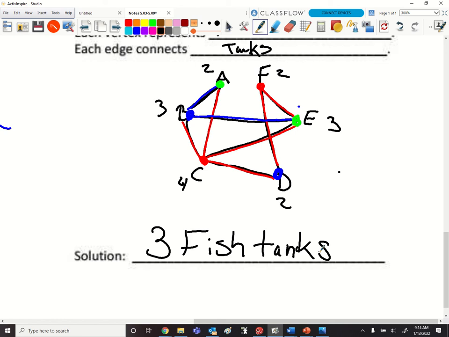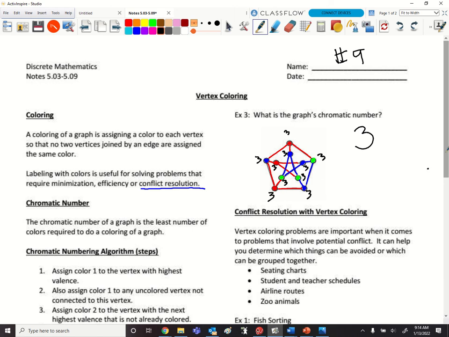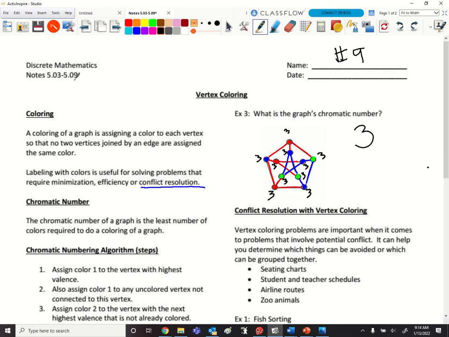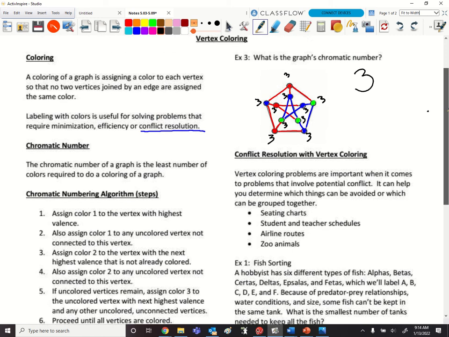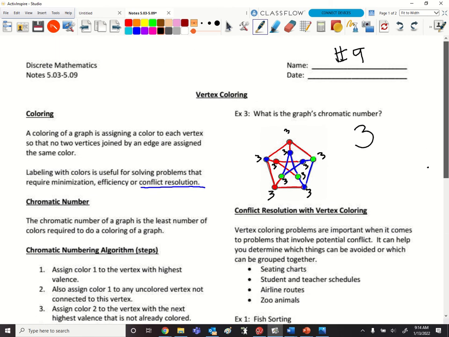All right, let's see. Now, looking at that, going to full size again. If you look right there, this is actually the notes for 5.3 through 5.9. So the next couple of days, we're going to do some homework practice to go along with this. But take a look at your assignment right now. Please, please, please take a look at the homework right now.